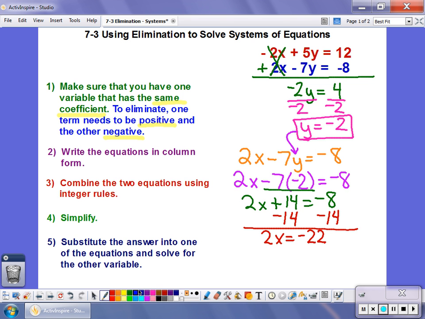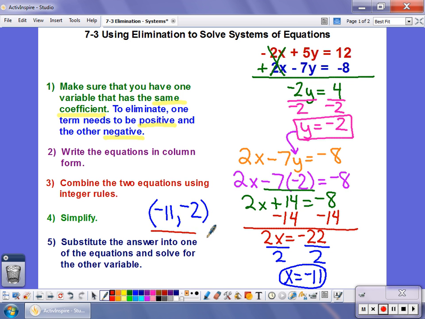And then I'm going to finish off this problem by dividing both sides by 2. And I find out that x equals negative 11. So now I know that my value for x is negative 11, my value for y is negative 2, and that means that this system of equations has one solution, and that solution is at negative 11, negative 2.